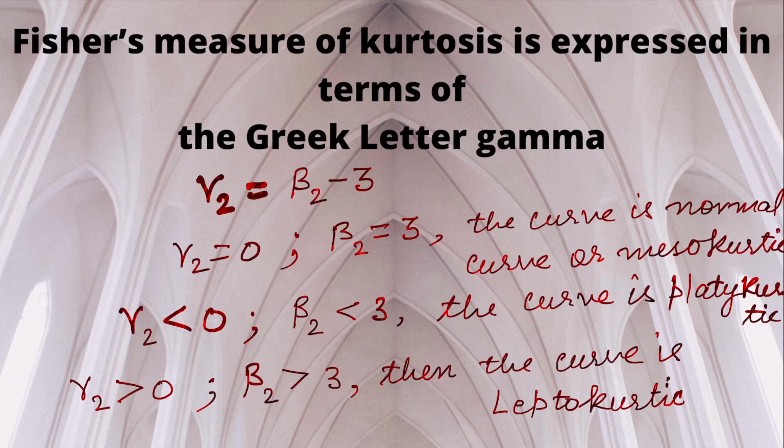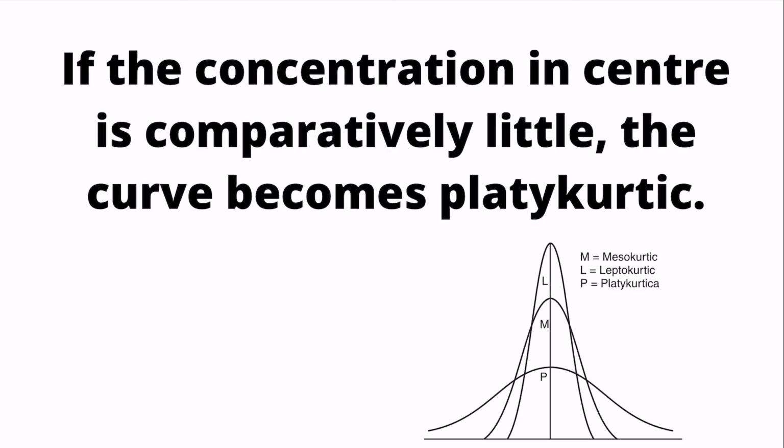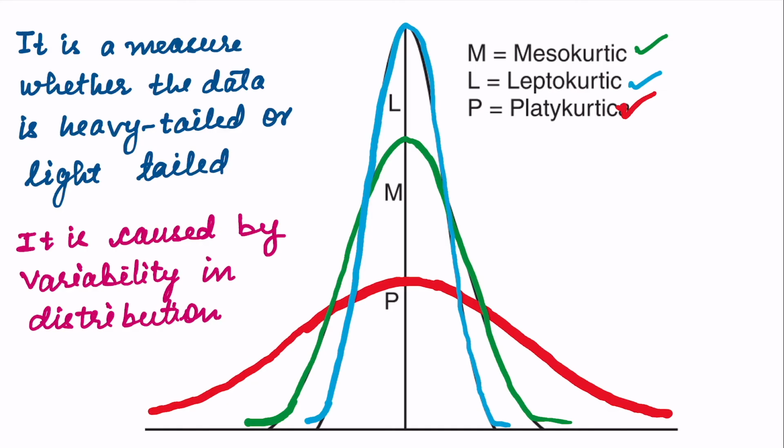Let us move to one more way to express kurtosis, in terms of gamma. Gamma 2 is given by beta 2 minus 3. So if beta 2 is equal to 3, the curve is a normal curve. If I go here, I'll say that the value of beta 2 is equal to 3 because the curve is a normal curve.